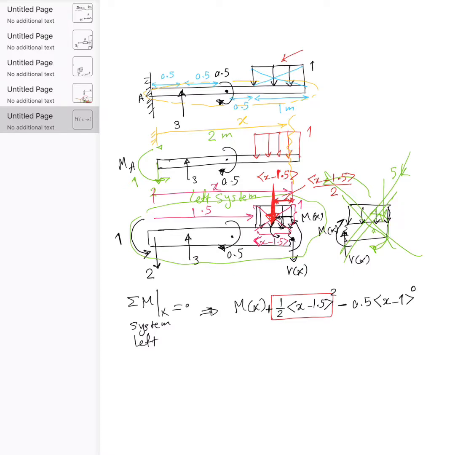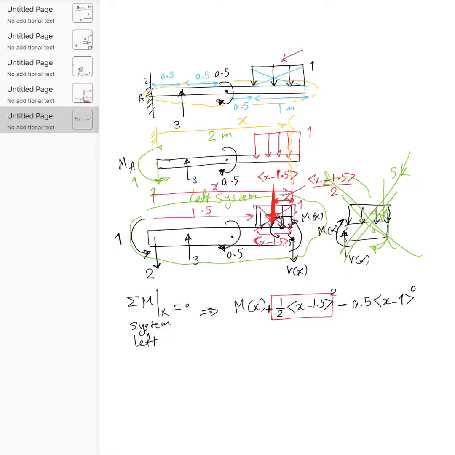And we already talked about this switching mechanism in the previous videos. So in fact, when x is less than 1, there is no 0.5 couple moment, it's 0. And when x is greater than 1, you have negative 0.5 times 1, because x minus 1 to the power 0 is 1, right?